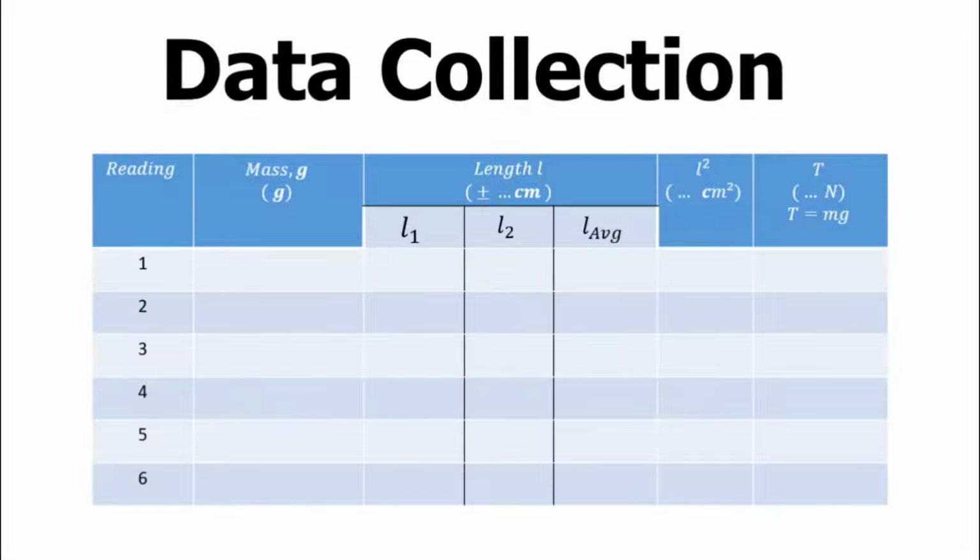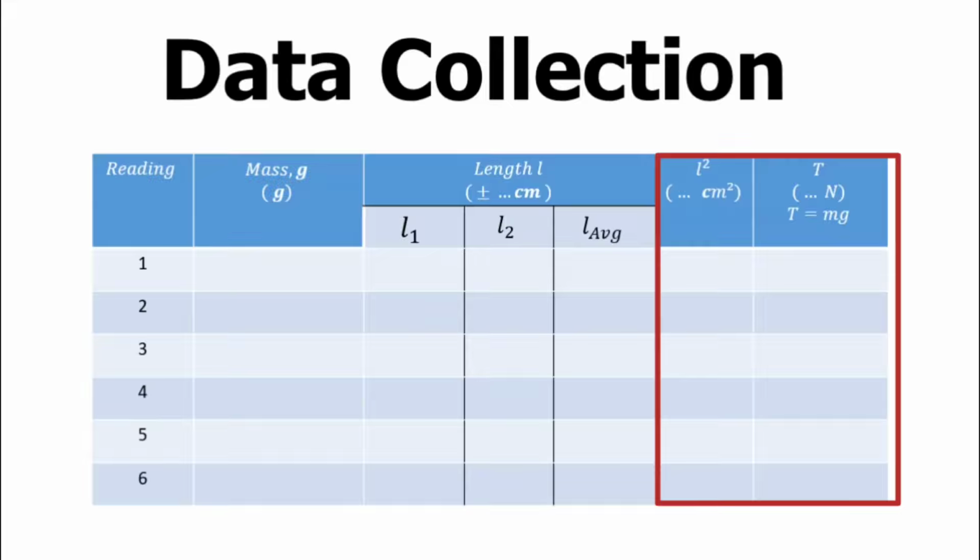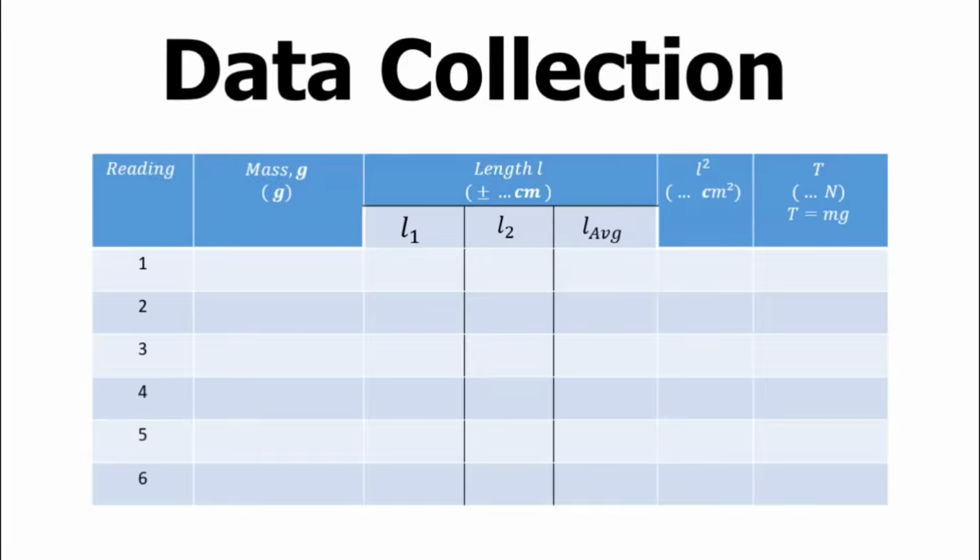Repeat each set at least twice and find the average. Make sure to enter the uncertainty for your measurement in the measurement column. Make sure you write the calculated value of L squared and T in standard form and write the exponential power in the bracket if present.